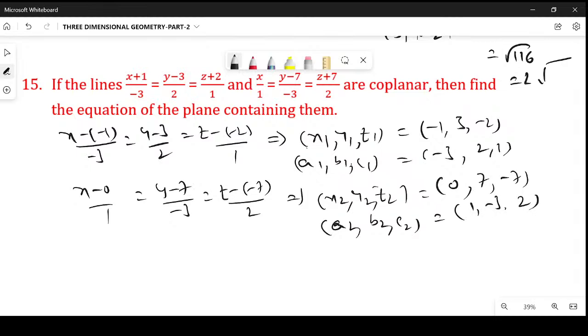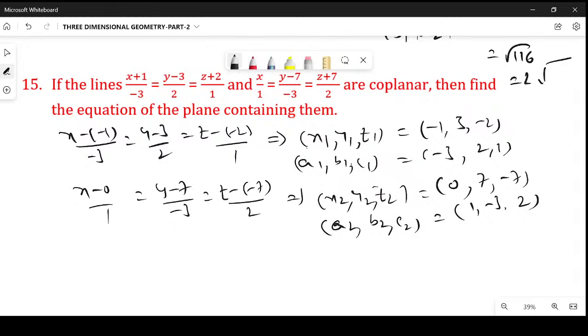We have the drs. Now, the given lines are coplanar, so find the equation of the plane containing them. I can take any one of the points.